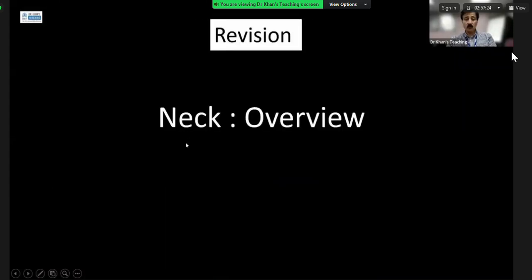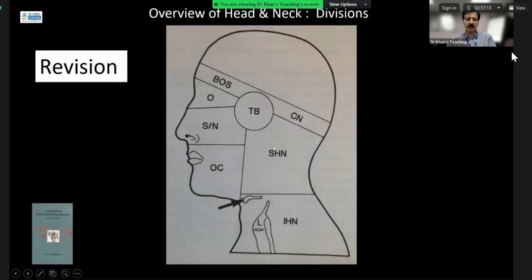Just a quick overview, and I'm going to rush through this in 5–7 minutes because we are going to cover this in the next sessions. What is the global view of head and neck? Head and neck can be divided into various portions. Temporal bone, which is the most difficult part of head and neck anatomy, we covered last time.